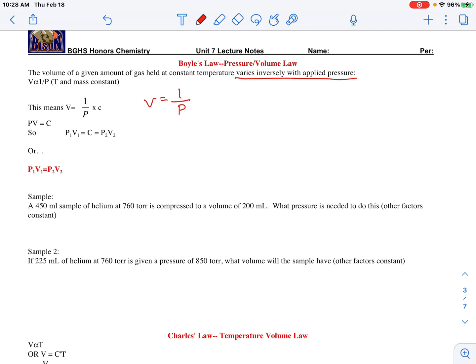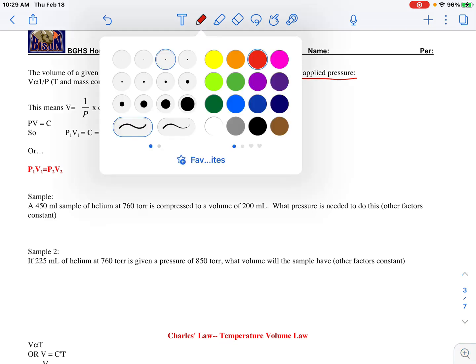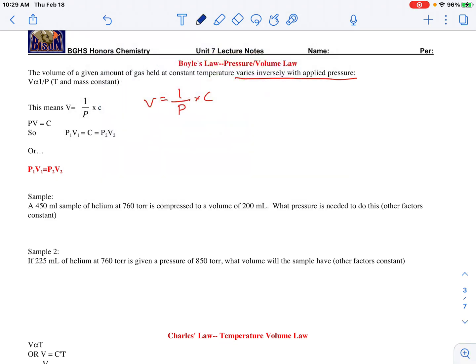Now, there's a constant C here that we're going to use, and that's just a tool to help us better relate the values of pressure and volume that we get, and if the units change and so on, we can account for that by using that constant C. So, if they vary inversely, if the pressure were to increase, that would result in a lower value for volume, right?